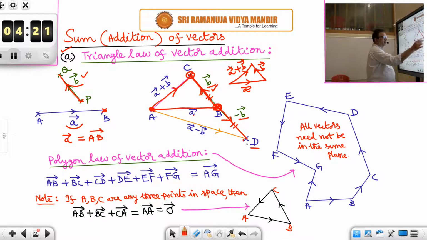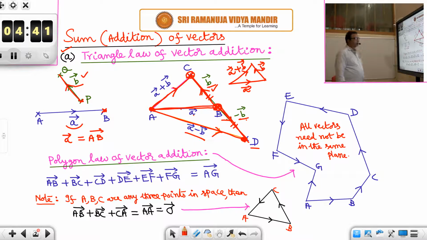So BD bar is minus B bar. If you join D to A like this and put an arrow here, then it is nothing but A bar plus minus B bar, that means A bar minus B bar. So we have shown A bar plus B bar and A bar minus B bar in the same diagram.